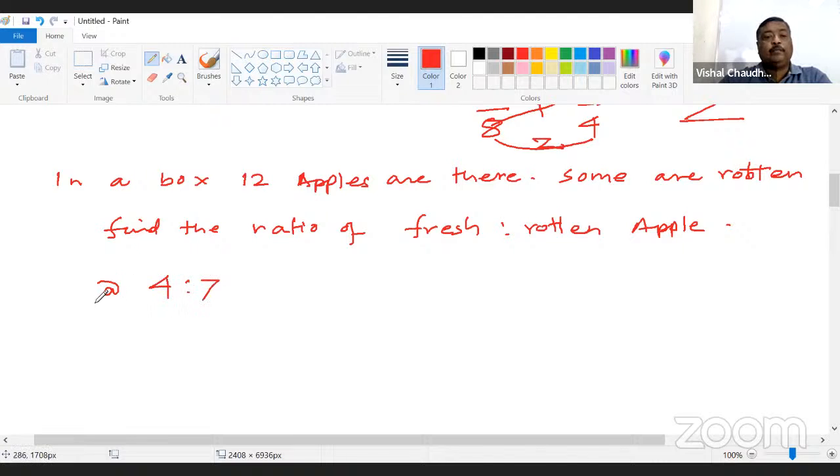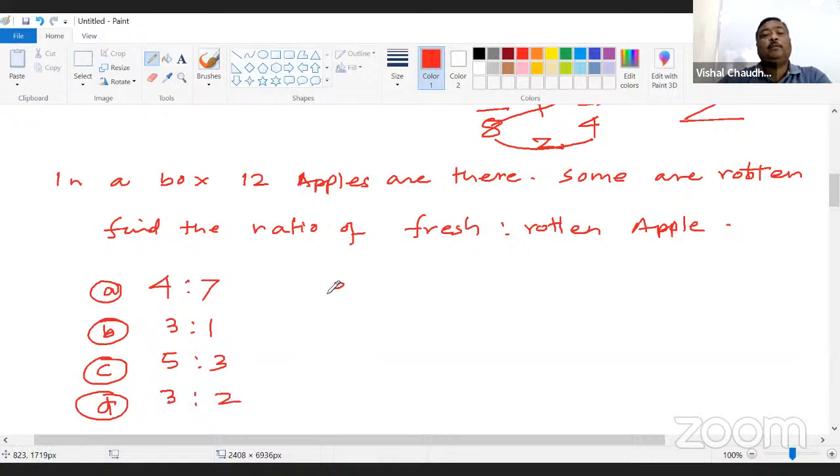Option A, 4:7. Option B, 3:1. Option C, 5:3. Option D, 3:2. Option E, none of these. What will be your answer?